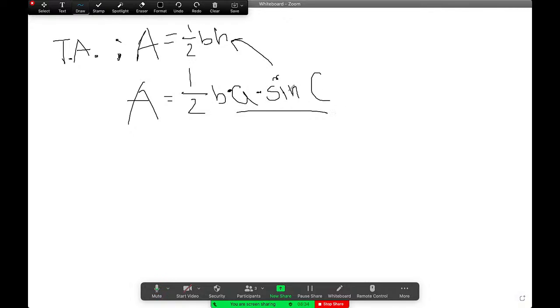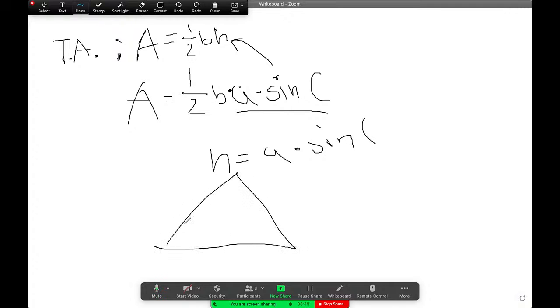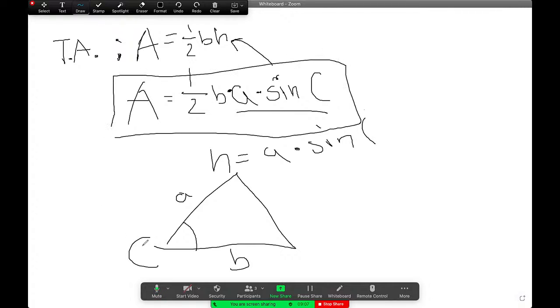So A times sine of C is equal to H. So H is equal to A times sine of C. So that means that if they give you a triangle like the one you would use to solve with the law of cosines, so if they give you A and B, and they give you C, then you can use this formula to find the area of this.